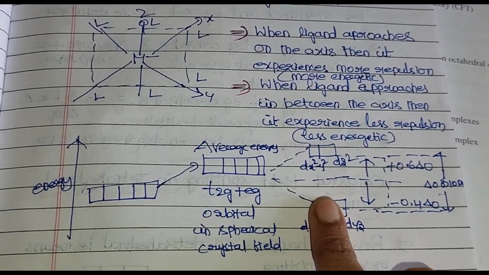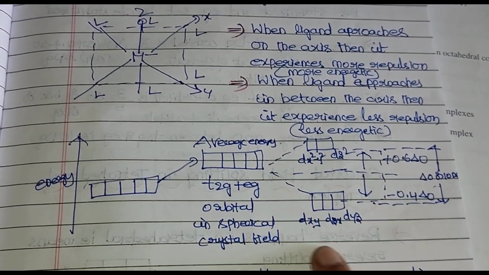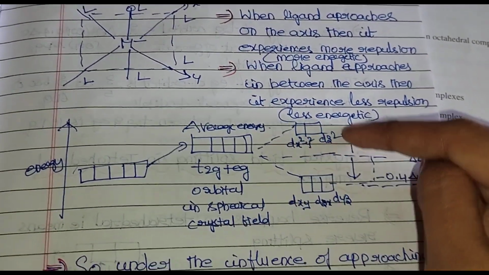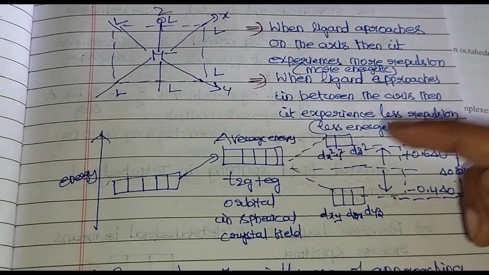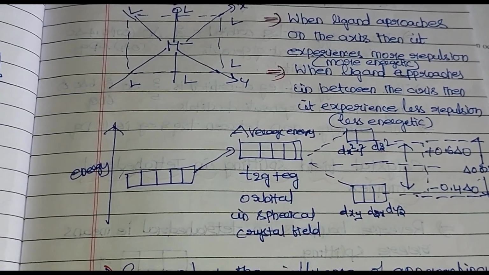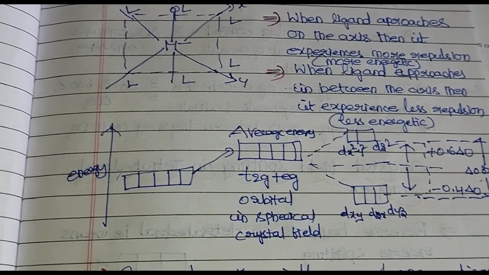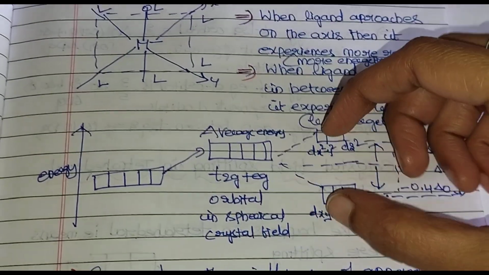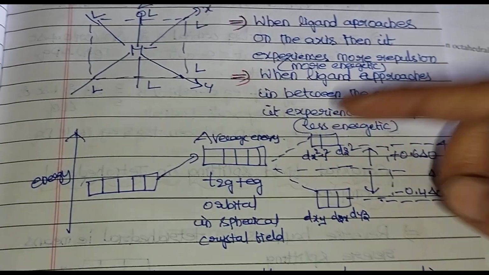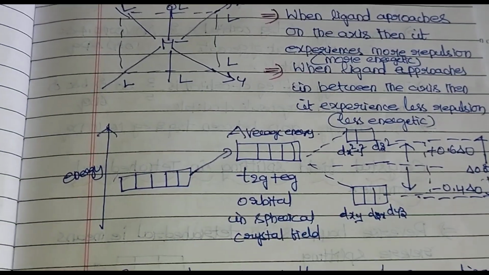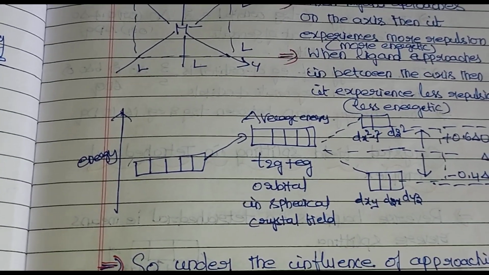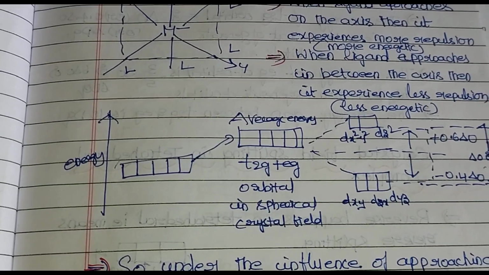T2g is the lower energy, and Eg the higher energy. The separation of the 5d orbitals of the metal ion into two sets having different energies, high energy and low energy, is called crystal field splitting.